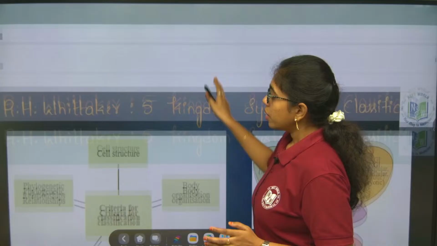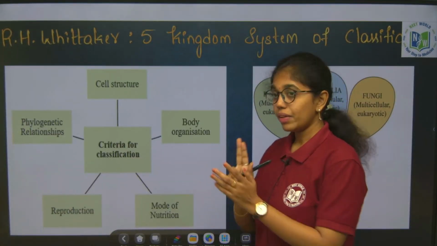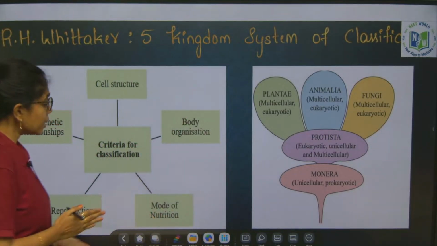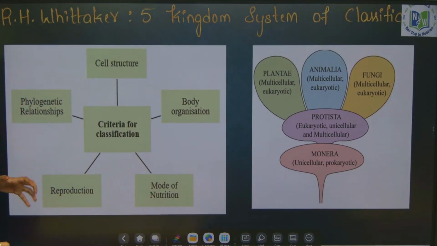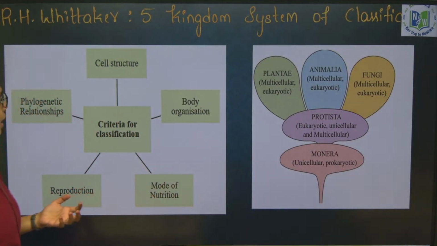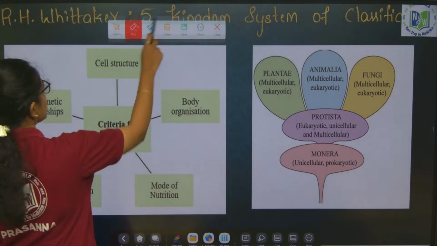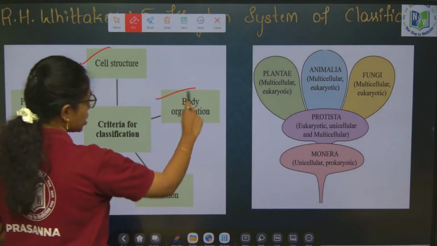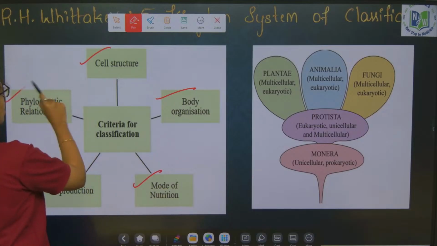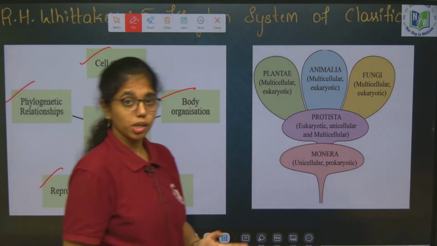Next, the widely accepted model, that is R.H. Whittaker's 5 kingdom system of classification. In this system, what are the major criteria that he has considered? The major criteria considered are cell structure, body or thallus organization, mode of nutrition, reproduction and phylogenetic relationships.